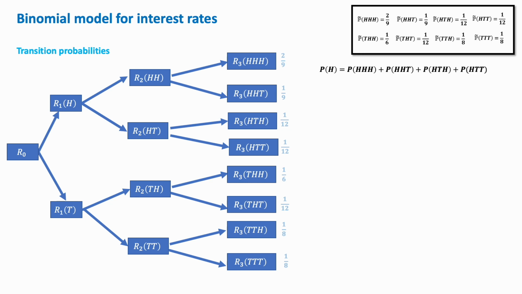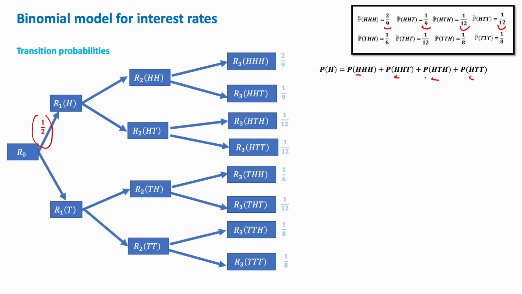To find that, we take all the outcomes where the first coin toss was a head, and then we simply sum all those probabilities, right? So in this case, that would be 2 divided by 9 plus 1 divided by 9 plus 1 divided by 12 plus 1 divided by 12. And when you do all that math, you find that it is 1 over 2.